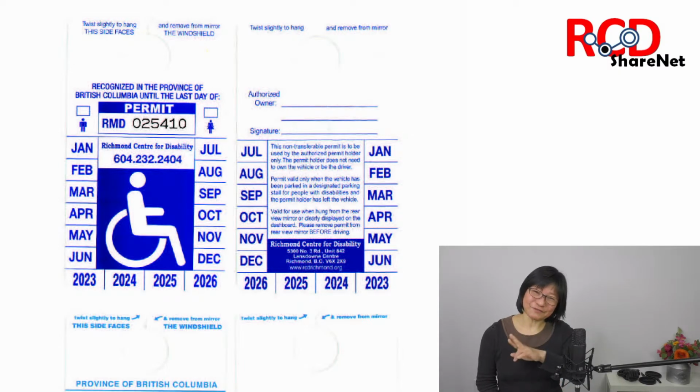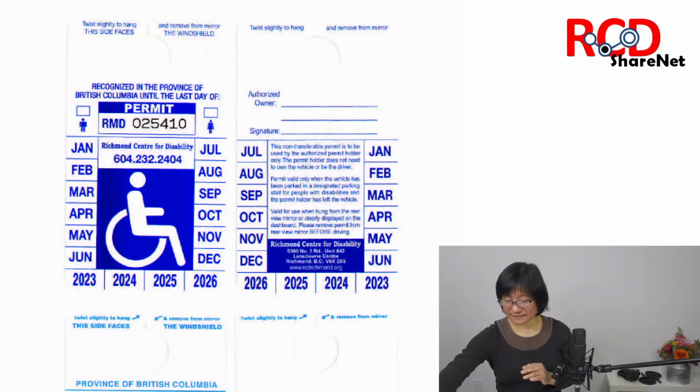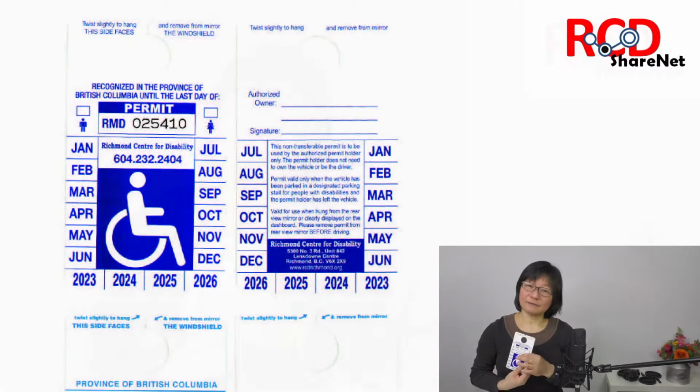You can see that they have more years. And if the permit is used, you can see that it's hole punched to indicate the expiration date of the permit. So they punch, say, 2024 October, which means at the end of that month, this permit is no longer valid.